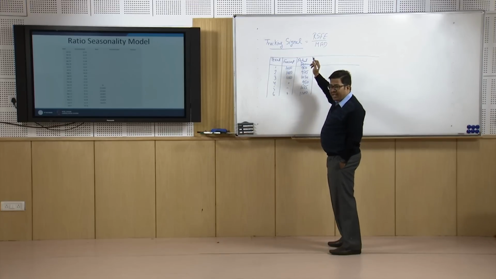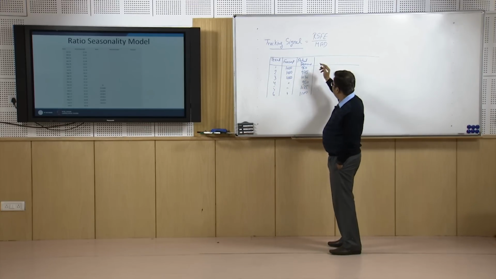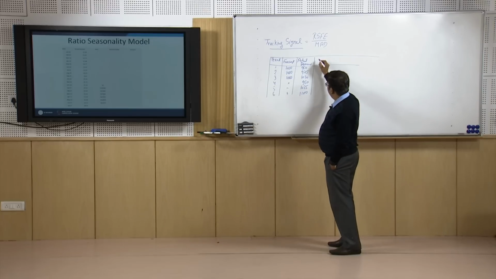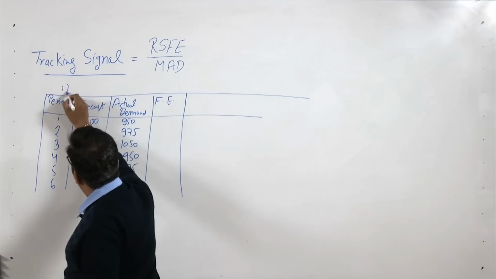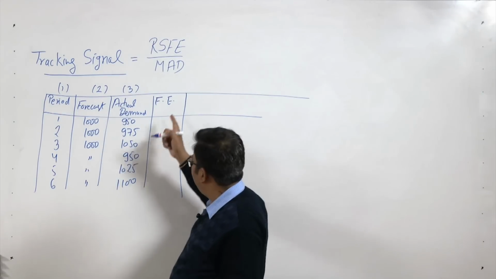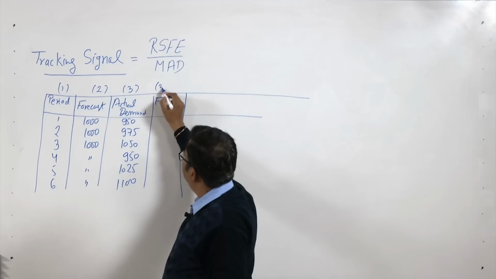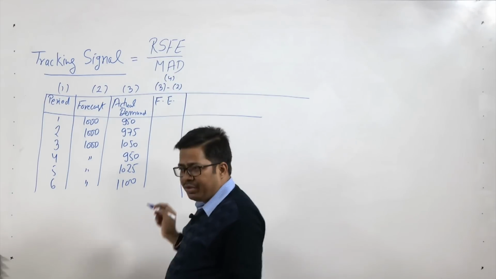Now, with the help of these forecast values and the actual demand data, I can determine my forecasting error. This is column number 1, this is column number 2, this is column number 3. So, forecasting error will be column number 3 minus column number 2, that is my column number 4.